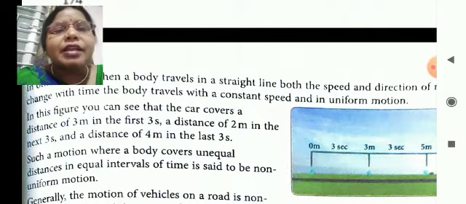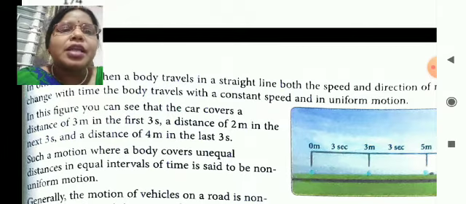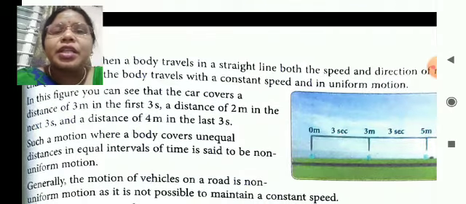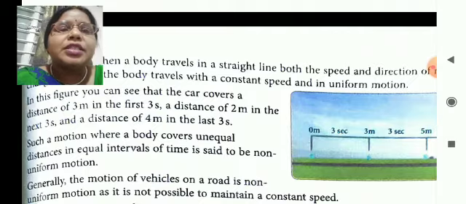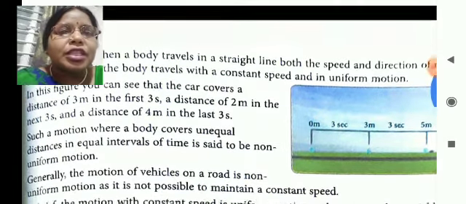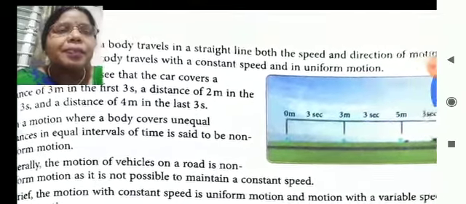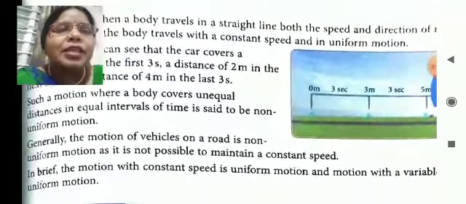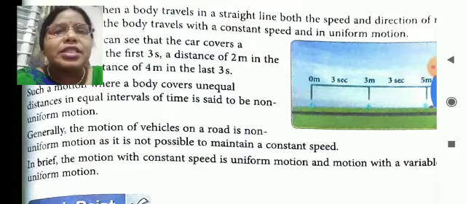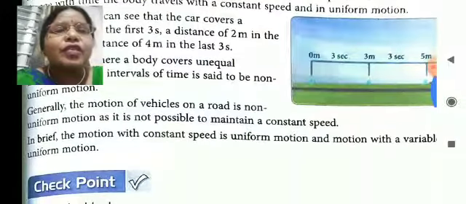The car covers a distance of 3 meters in the first 3 seconds, a distance of 2 meters in the next 3 seconds, and a distance of 4 meters in the last 3 seconds. In this way, the car is traveling unequal distances. So it is non-uniform motion.